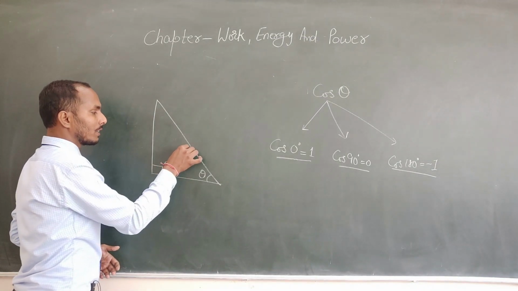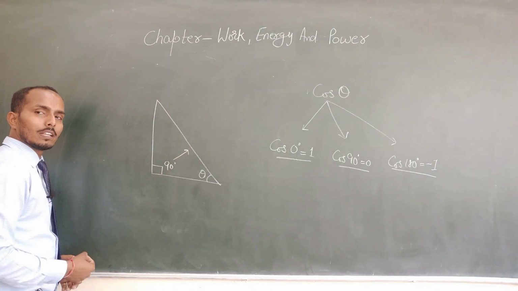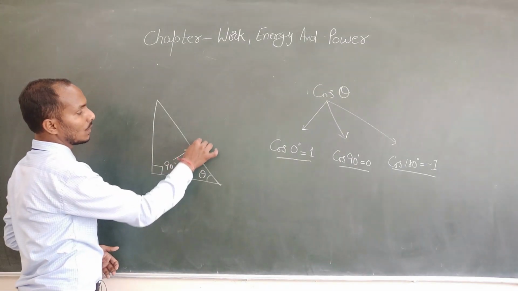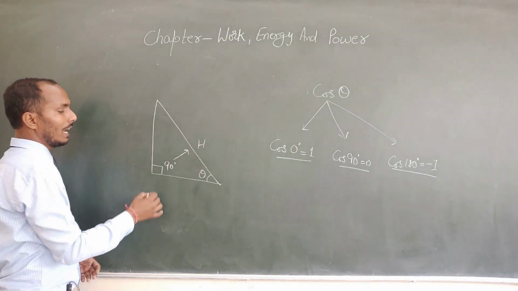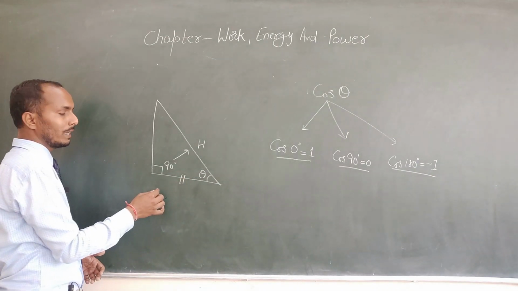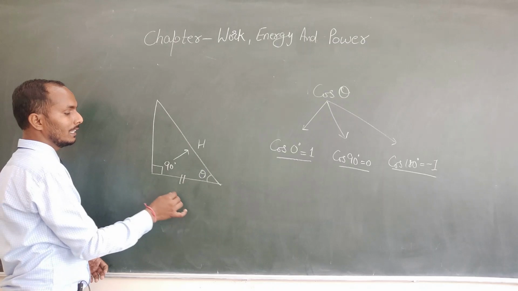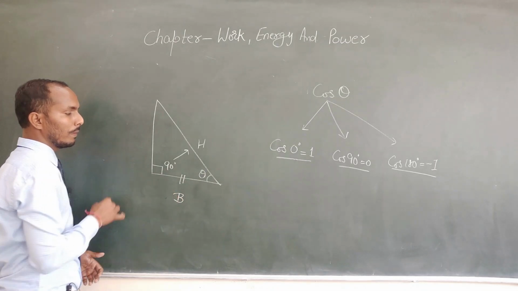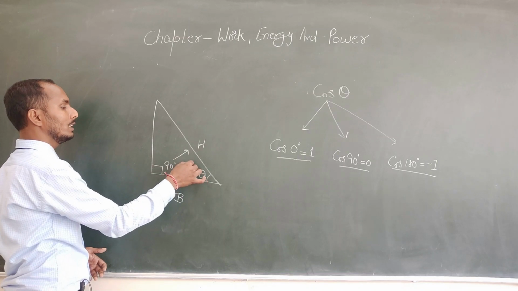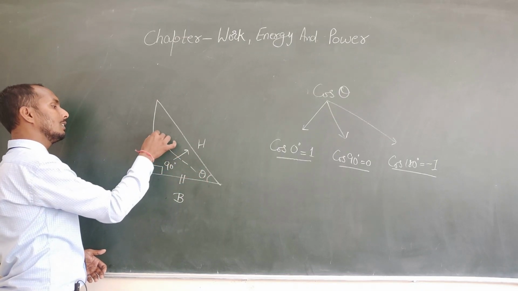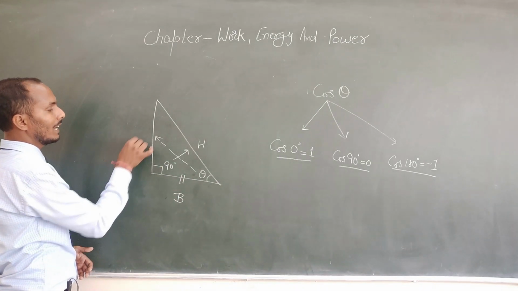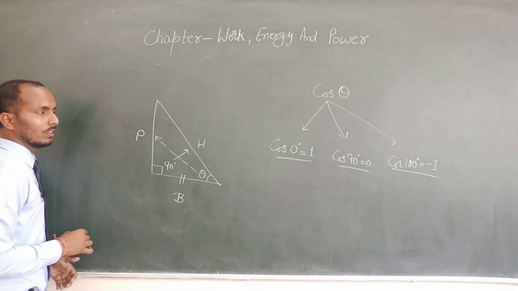The side opposite to the right angle is known as the hypotenuse, the side which makes the angle with the 90 degree is known as the base, and the side opposite to the angle is known as the perpendicular.